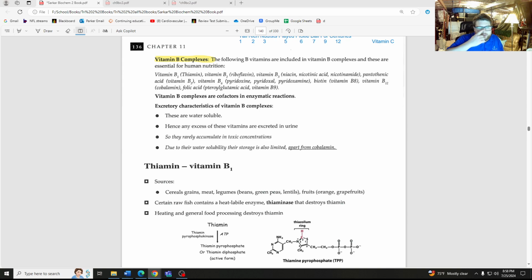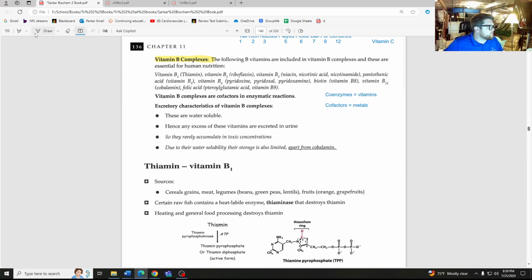As far as we have learned it, the way that we always talk about it, coenzymes are our vitamins, cofactors are our metals.